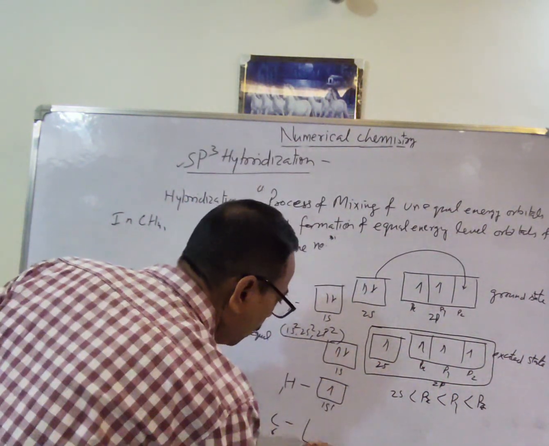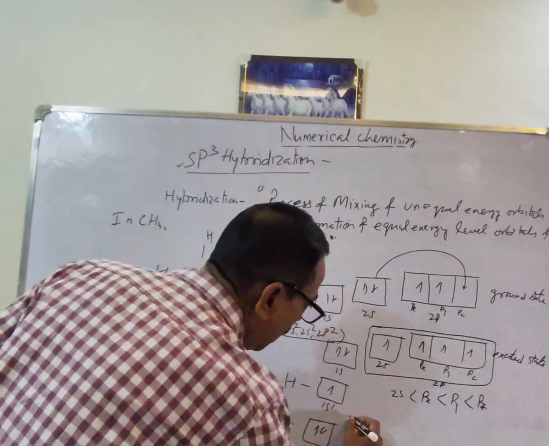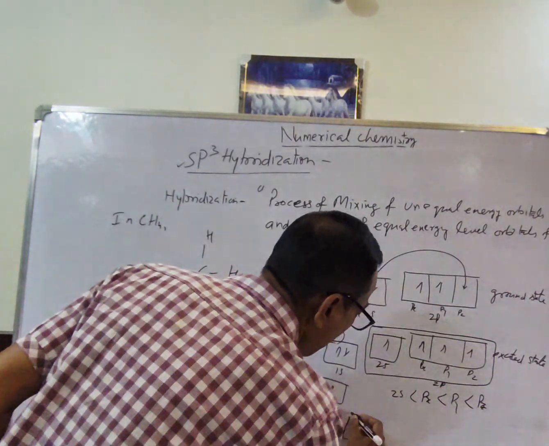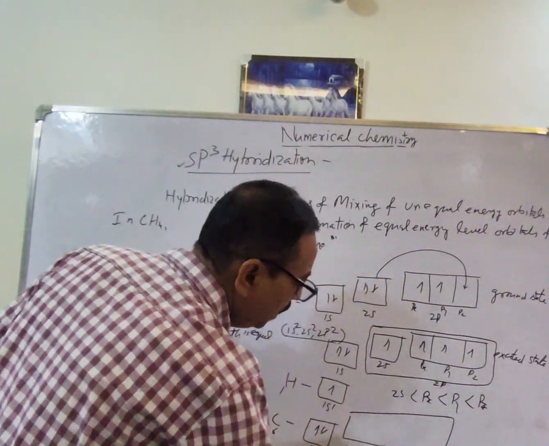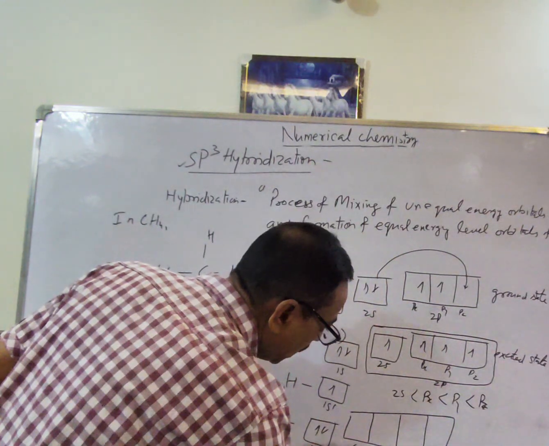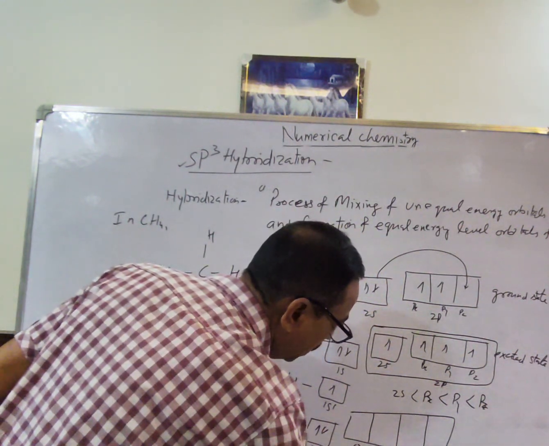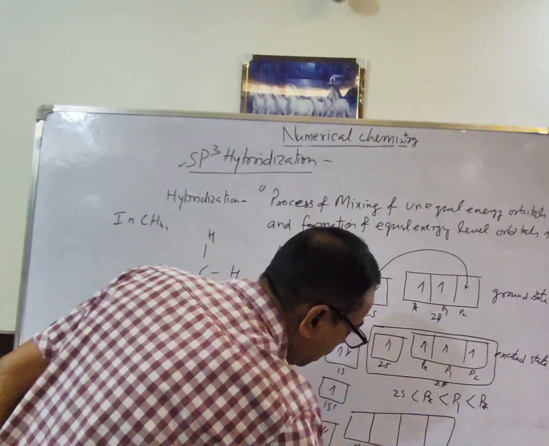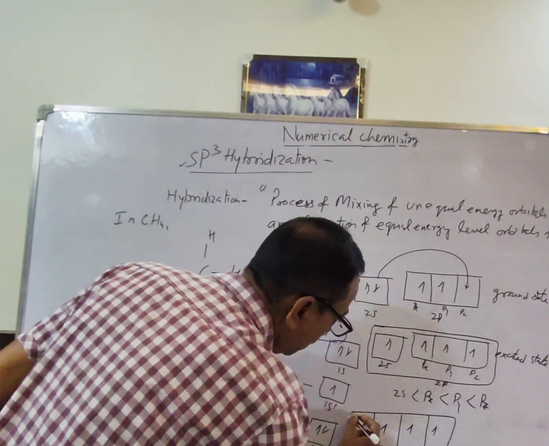So what is the new situation? These are the 4 hybrid orbitals from 1s and 3p. It means 4 new orbitals, and they are called SP3 hybrid orbitals, and now all these orbitals have equal energy.